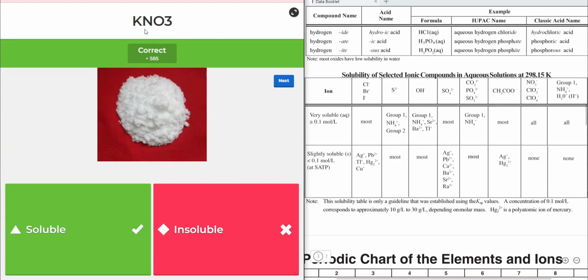K is in group 1, so all of group 1 is going to be up here. The only places where it says most, group 1 is still included up here. So anything in group 1, sodium, potassium, lithium, they're all going to be very soluble.